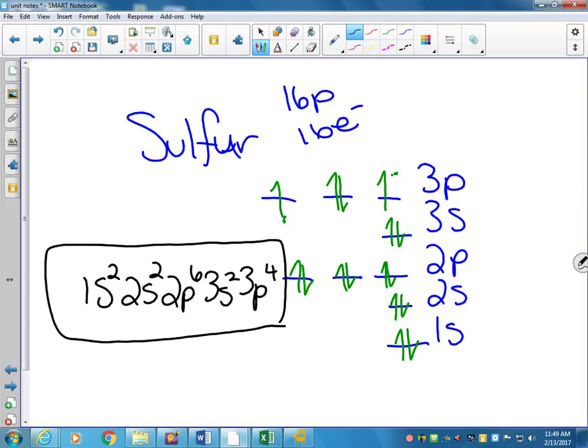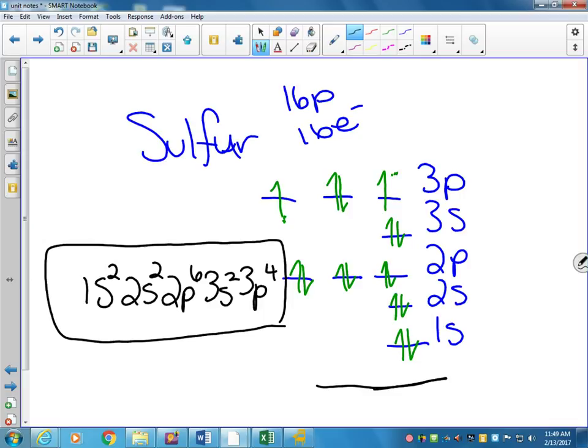So 2 plus 2 is 4, plus 6 is 10, plus 2 is 12, and I needed to get to 16, so 4 is 16. So that's how you know how many electrons. You keep on subtracting them off of the total amount of electrons. So if you don't actually draw this orbital notation, you'll still be able to figure out the electron configuration just by subtracting off.